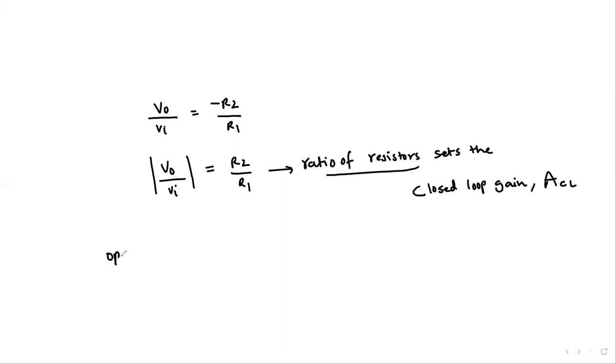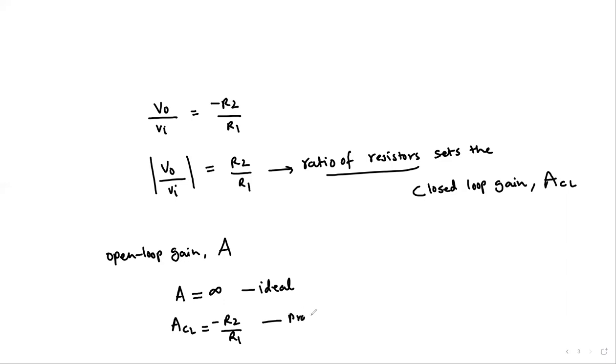The open loop gain is indicated by A, and the closed loop gain is indicated by ACL. So the open loop gain in an ideal case is infinity and the closed loop gain is minus R2 over R1.